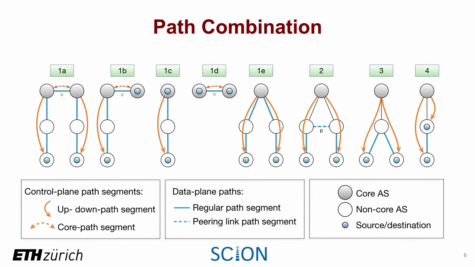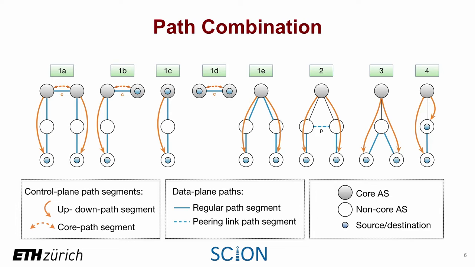If a peering link is traversed, we depict this with a dashed blue line. The gray circles represent core ASs, the white circles non-core ASs, and the source and destination are represented by a smaller blue circle. We see there are 5 different case 1 types, in which the end-to-end packet will traverse a core AS.